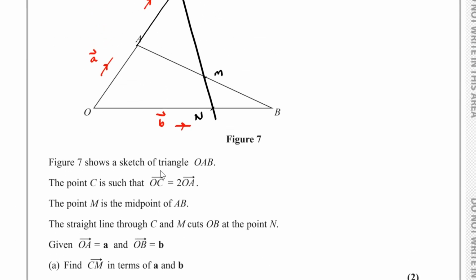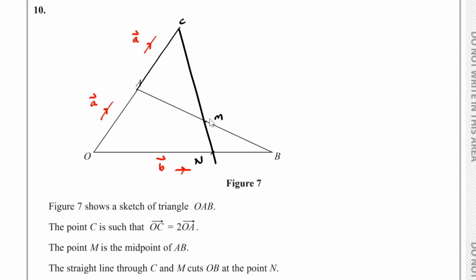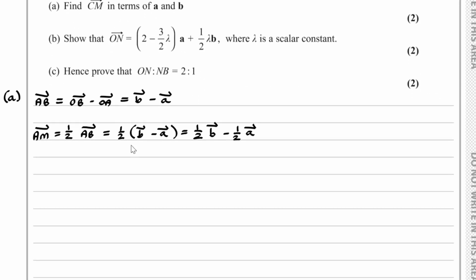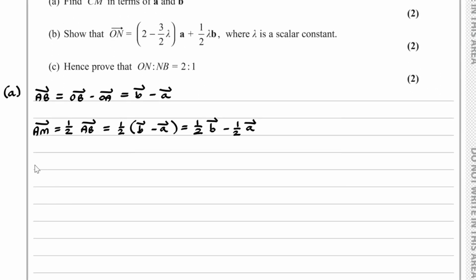And we've got CM, starting at C, finishing at M. Well, for CM, we can go C to A, and then A to M. And we've already worked out what AM is. C to A, that's minus a. So let's write all this down. The vector CM is equal to CA plus AM.